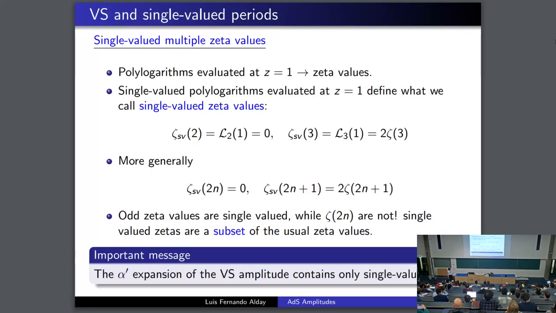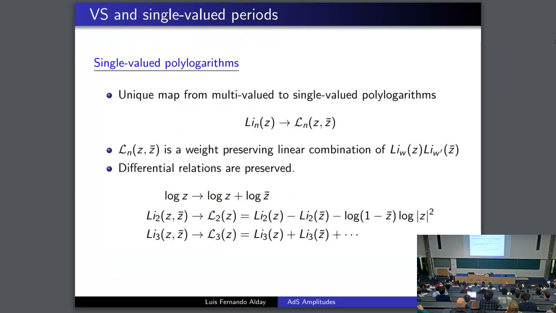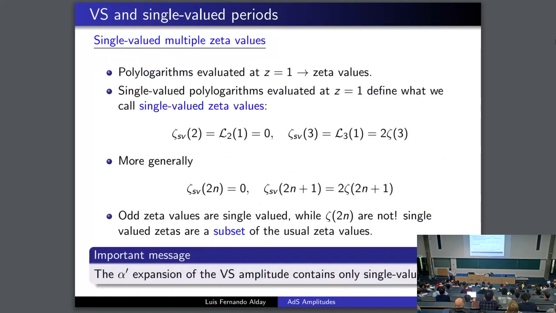Single-valued polylogarithms evaluated at z equals 1 define what we call single-valued zeta values. Okay? So, for instance, if you take this combination here, and you set z equals 1, so you try to define a single-valued version of zeta 2, you actually get 0.